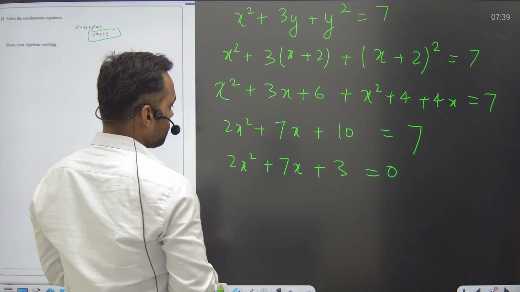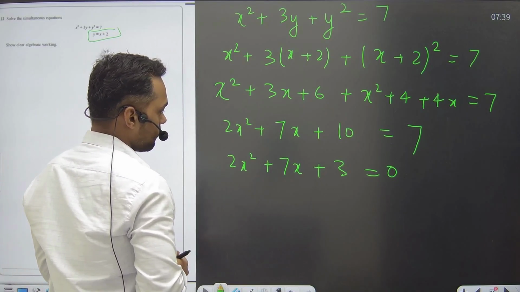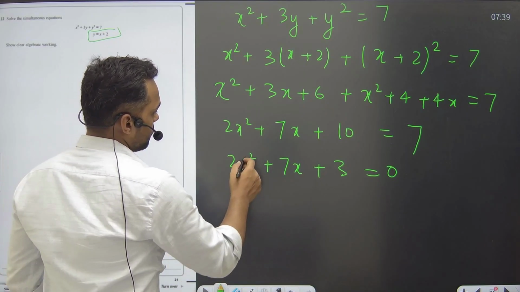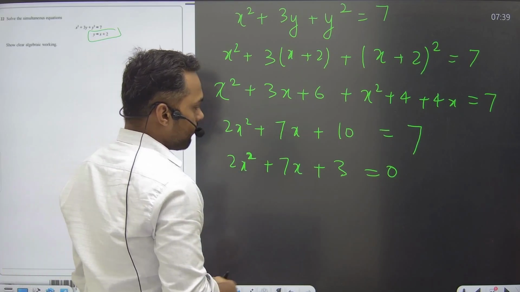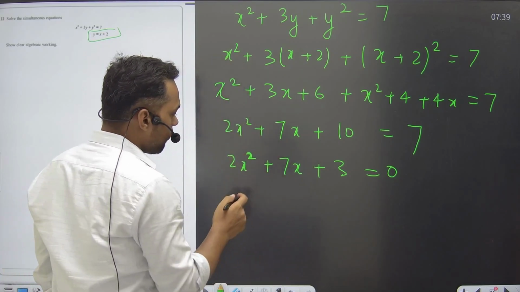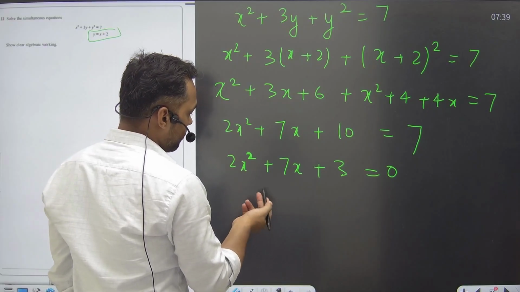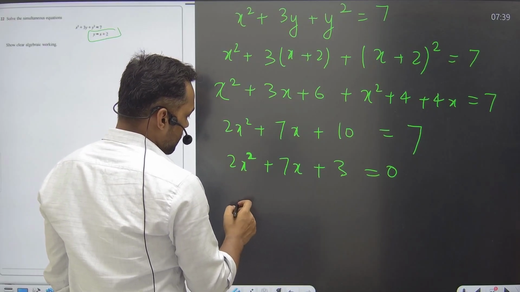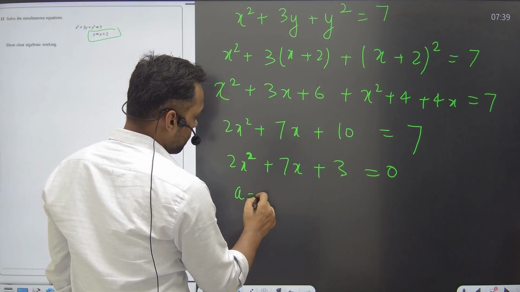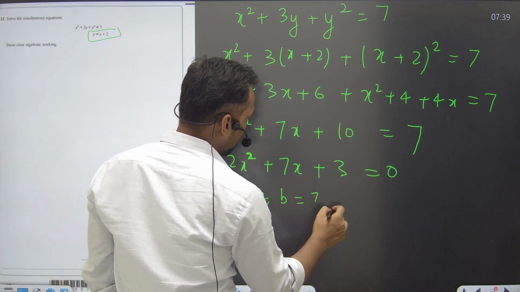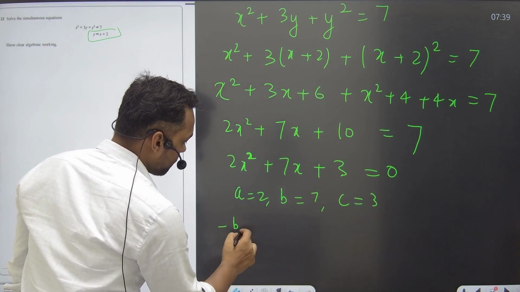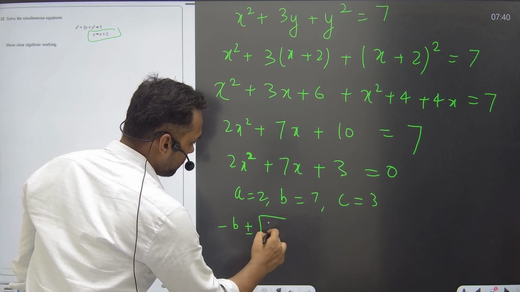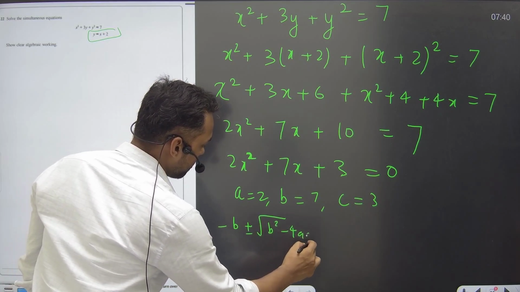Now see here, we can apply the quadratic equation formula here if you want. So I'll be calculating it. So a is 2 here, b is 7 and c is 3. What is the quadratic equation formula? That is x equals minus b plus minus under root of b square minus 4ac upon 2a.